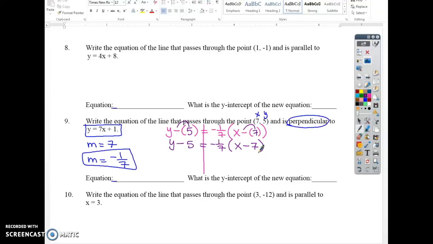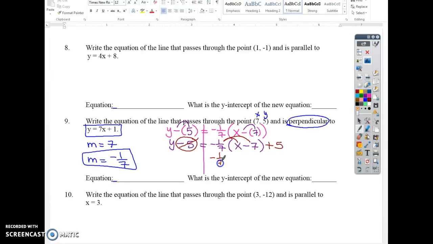What's the next step? Distribute the negative 1/7. So, negative 1/7 times X and negative 1/7 times a negative 7. Make sure that you put those in parentheses when you put it in the calculator. And we're going to move the negative 5 over, make it a positive 5. Okay, so what's negative 1/7 times X?